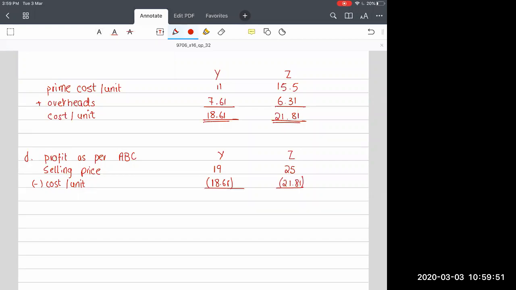Profit per unit, 19 minus 18.61. The profit per unit is 0.39. And for the other product, 25 minus 21.81, that is 3.19. These are profit per unit. Multiply by the output level. The output level is 2,500 and 4,000 units.